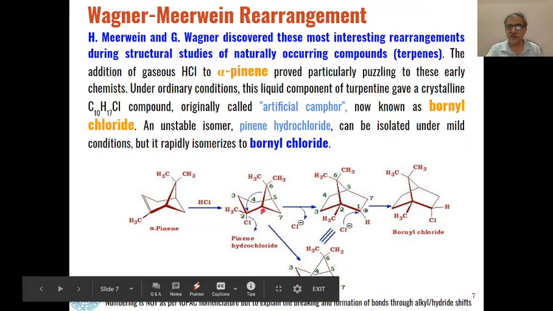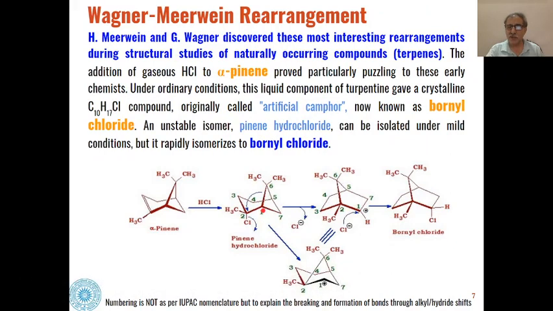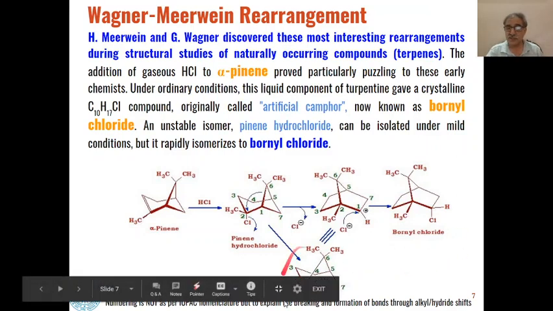So position 1 will become our carbonium ion. You can see that position 1 is the carbonium ion, and 2 and 6 form a carbon-carbon bond, and this structure can be written like this also.